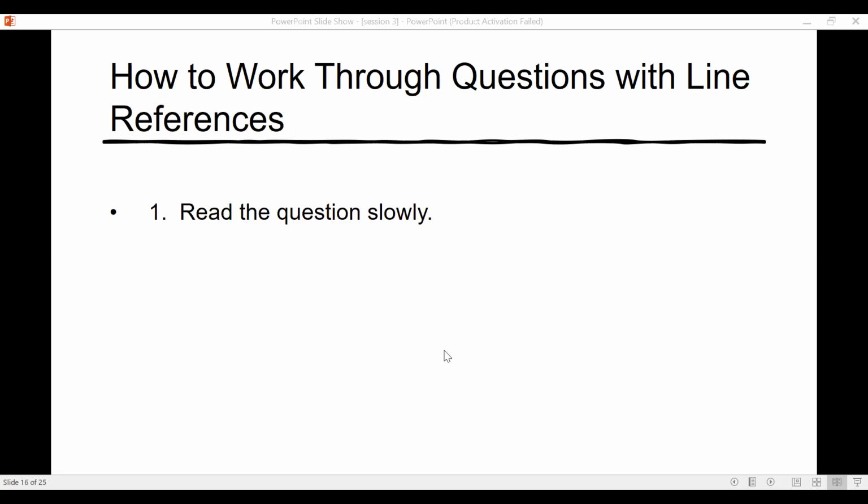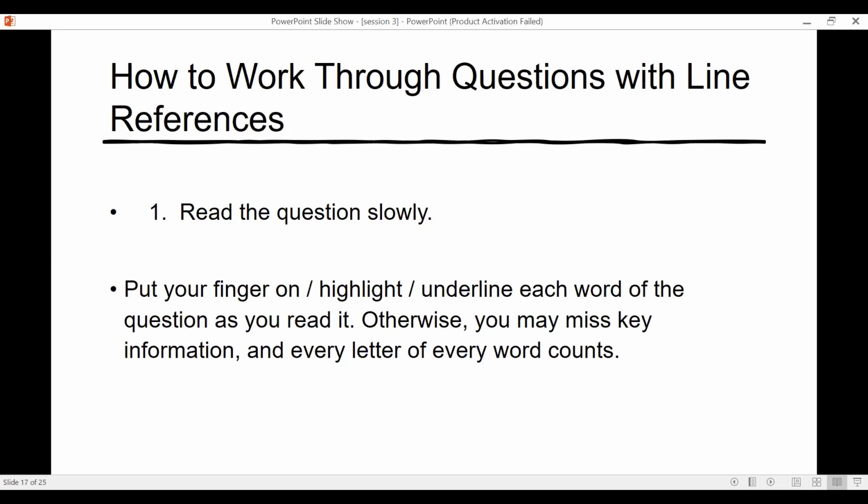So read each aspect very well, because you need to search for these aspects later when you deal with the answer choices. Put your finger on or highlight or underline each word of the question as you read it. Otherwise, you may miss key information, and even every letter of every word counts.